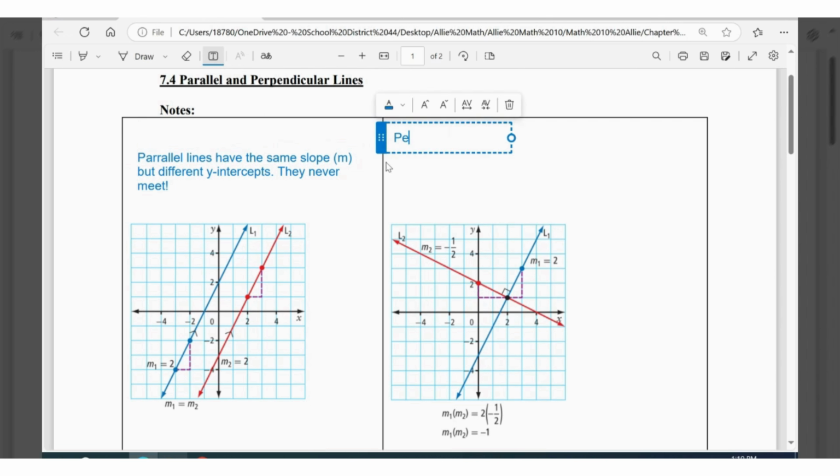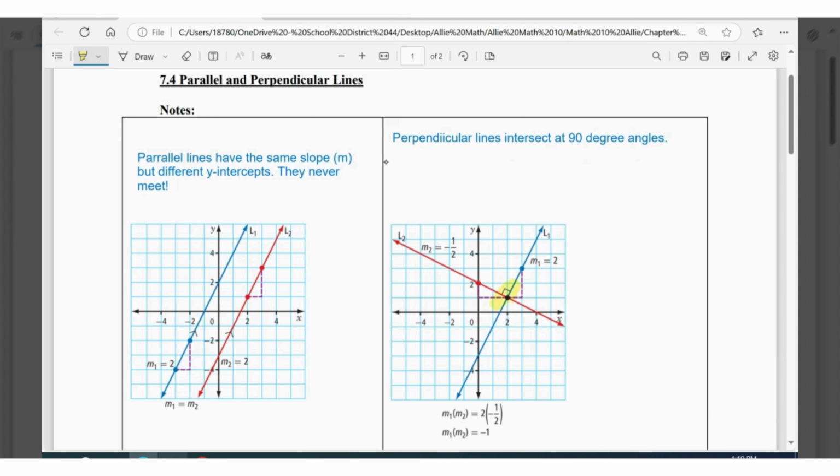So perpendicular lines have, let's say, lines that intersect at 90-degree angles. So that's this part of the drawing right here.